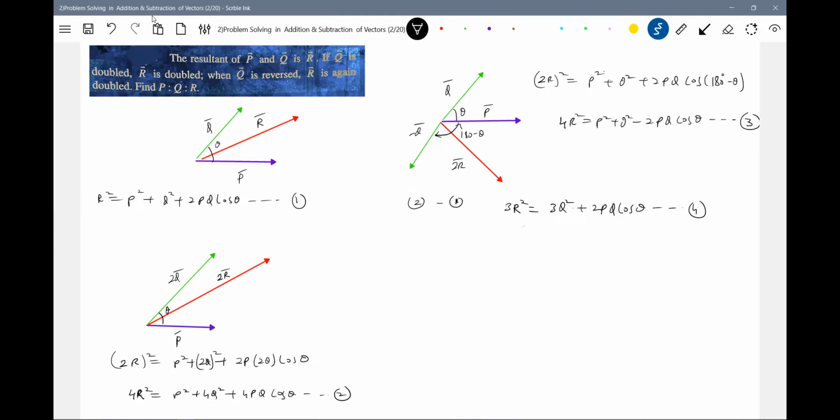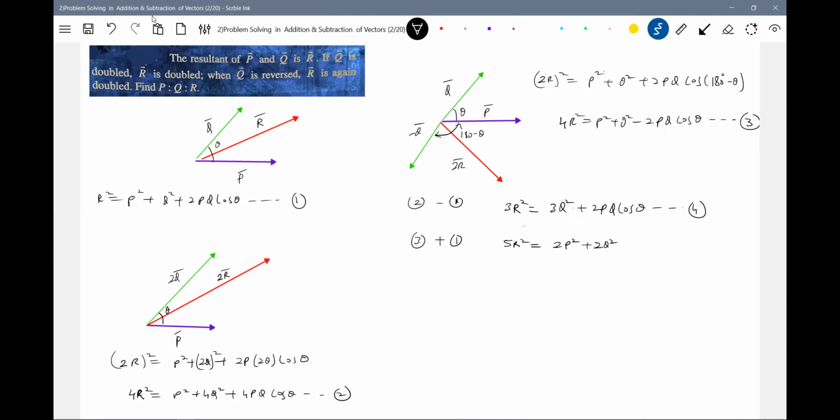Then I add 1 and 3, so that cos theta I can eliminate. This will become 5R square equals 2P square plus 2Q square. Look here: minus 2PQ cos theta plus 2PQ cos theta will cancel out.